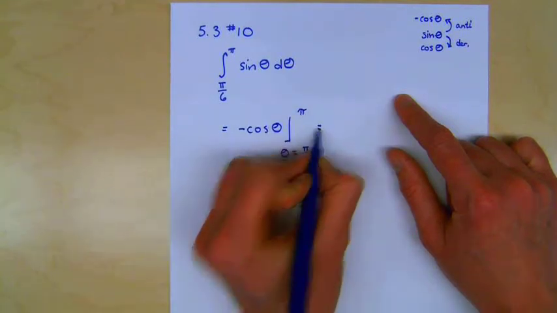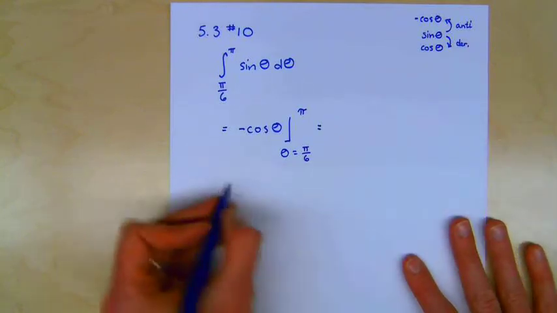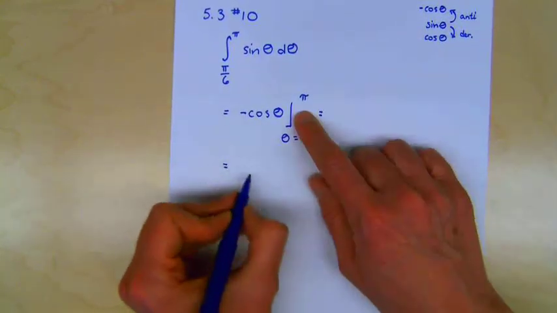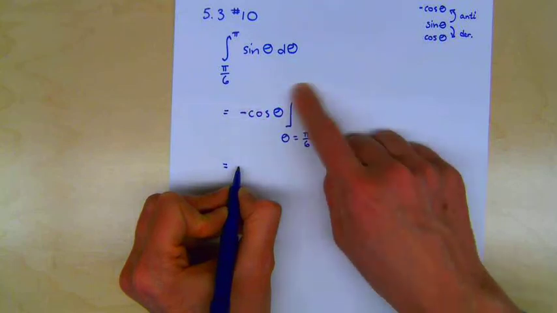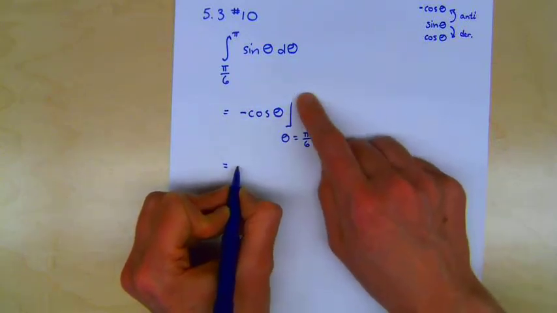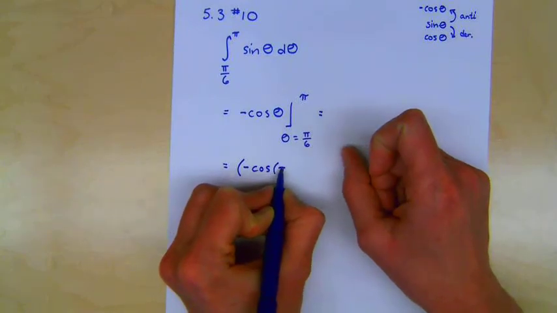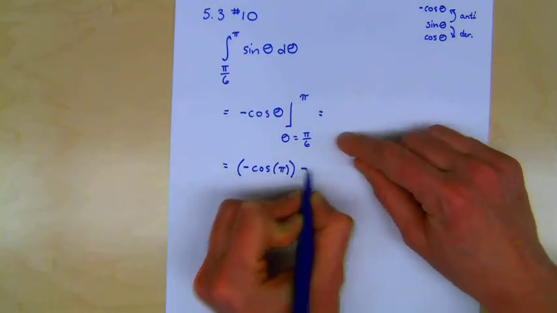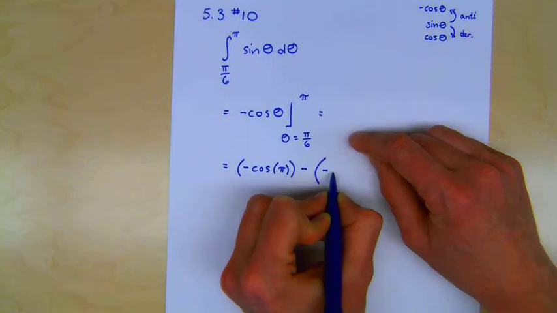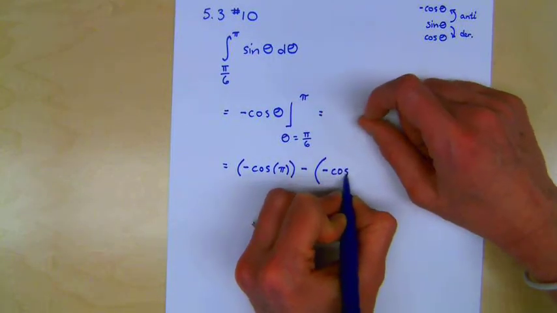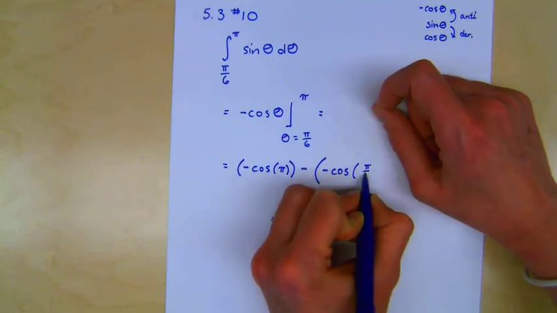And so I'm going to plug in these values. I'll write it down here to be really careful. This is the upper bound minus the lower bound. So I'm plugging in negative cosine of pi, minus the lower bound, so minus negative cosine of pi over 6.